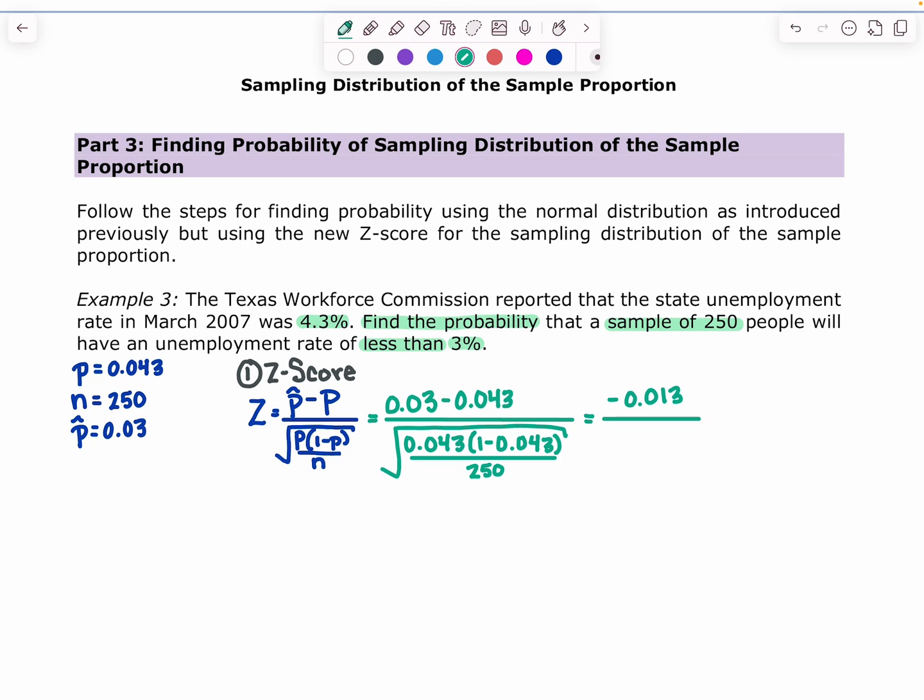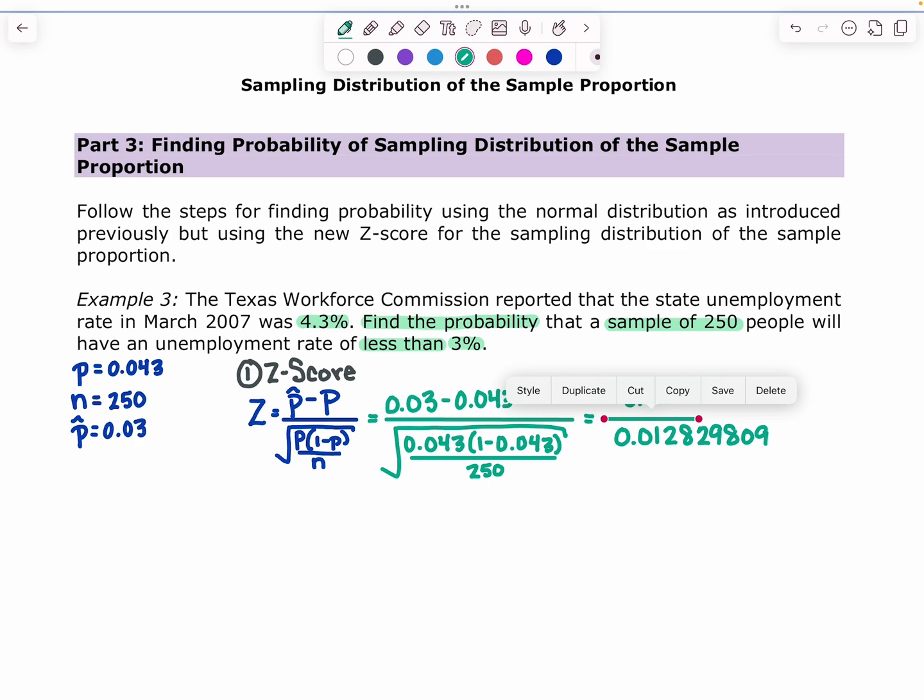And then the bottom, the square root of 0.043 times 1 minus 0.043 divided by 250, is 0.012829809.